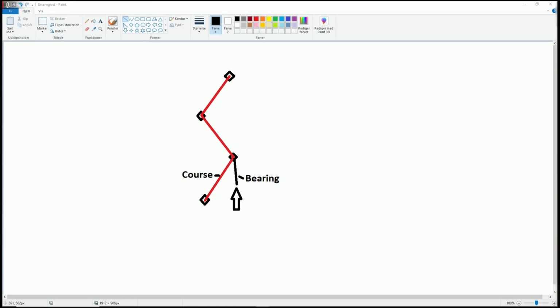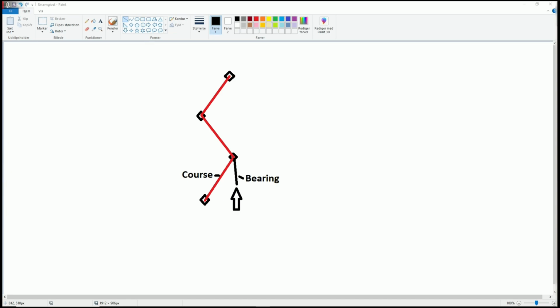This is your airplane. Those black diamonds are waypoints and the red line is your course. The course is a briefed way to move from waypoint to waypoint to waypoint.